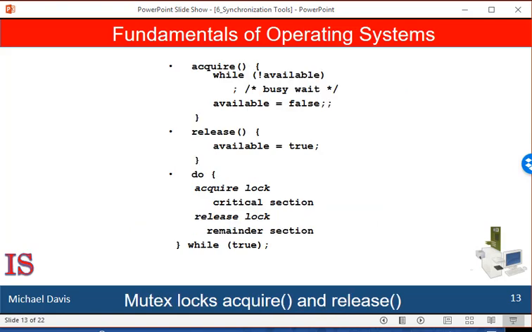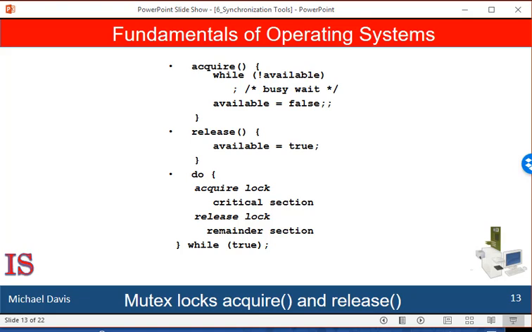Operating system designers build higher-level software tools to solve the critical section problem. The simplest of these tools is the Mutex Lock. In fact, the term Mutex is short for mutual exclusion. We use the Mutex Lock to protect critical sections and therefore prevent race conditions.